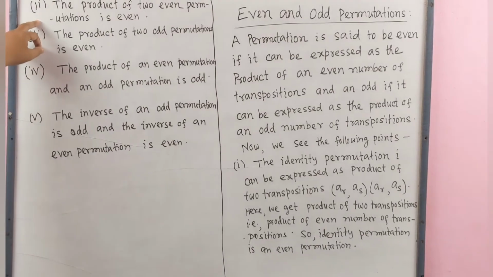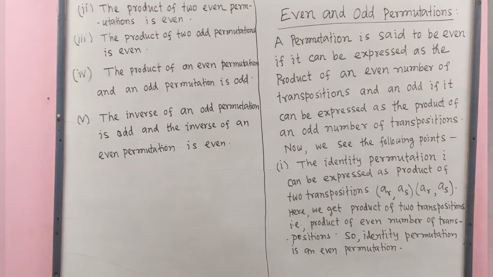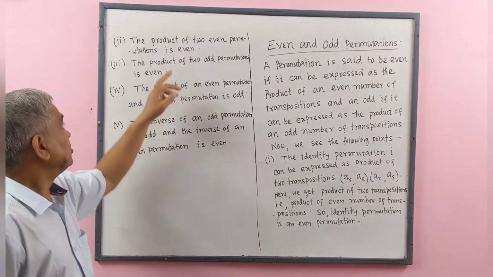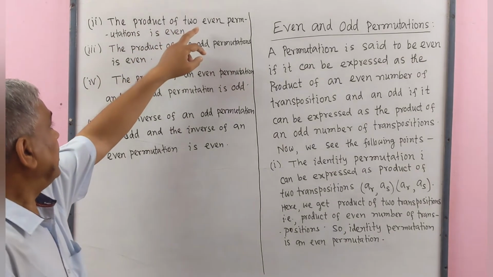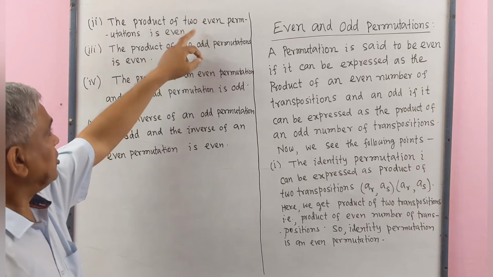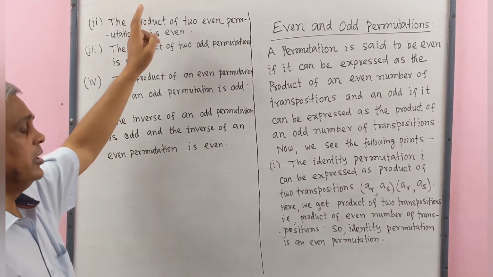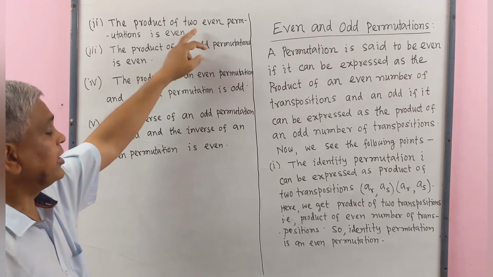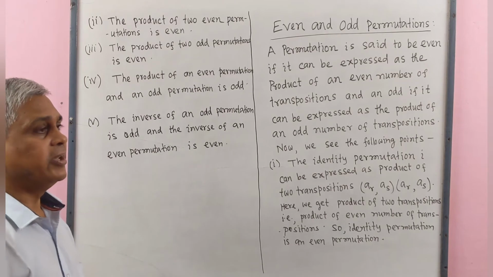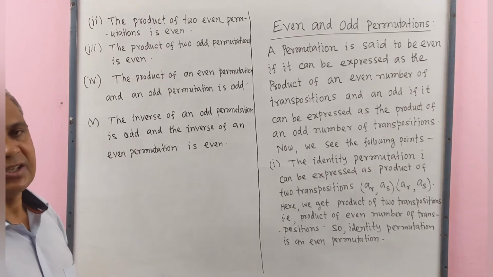Number two, the product of two even permutations is an even permutation. Since the first permutation is even and the second permutation is also even, and an even permutation means it can be expressed as the product of an even number of transpositions.